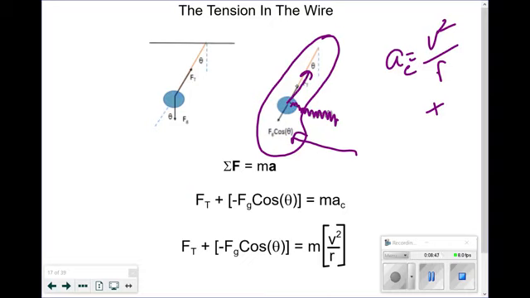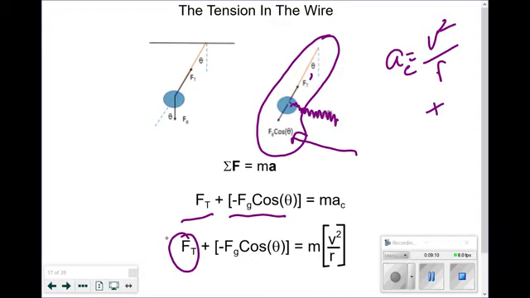And anything that's pulling out of the circle, such as Fg cosine theta, must be negative. So I'm going to say F tension plus negative Fg cosine theta must equal m a_c. a_c is, of course, v squared over r. And if I look at this, the only thing that I do not know is my tension force, so I can easily manipulate this equation to solve for it.